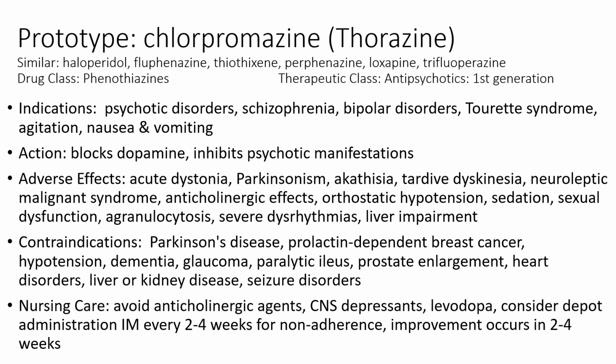Because the autonomic nervous system is involved in regulating blood pressure, when you start to mess with the parasympathetic or sympathetic system, and anticholinergic definitely messes with the parasympathetic system, you can get orthostatic hypotension. Another anticholinergic side effect, sedation, fatigue, and that's why we often avoid anticholinergic drugs in older people. Okay?